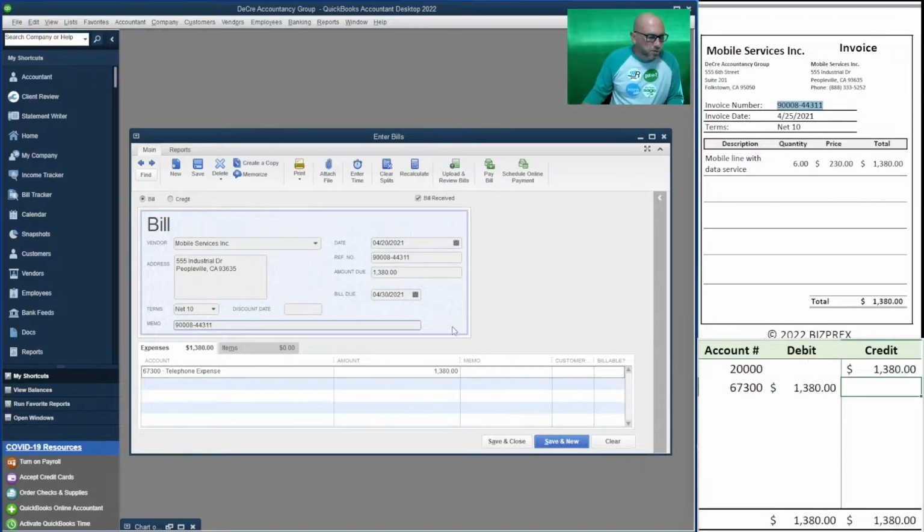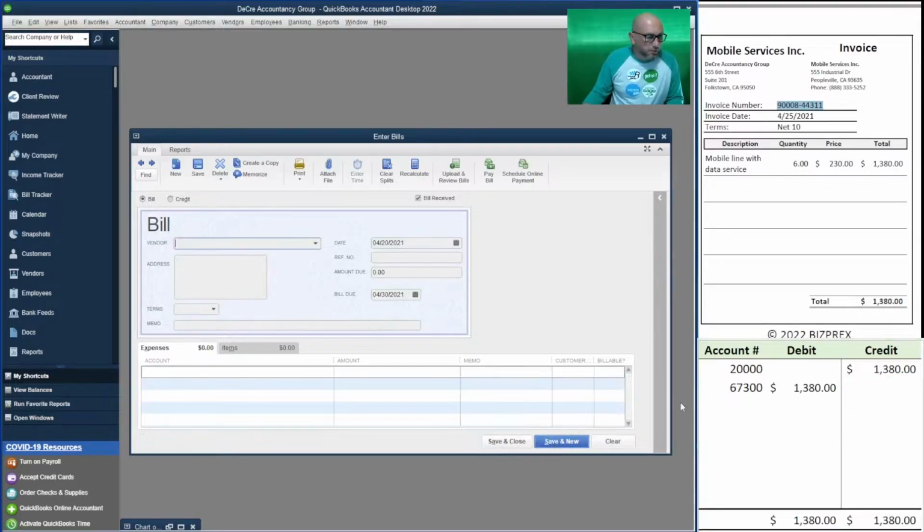All right. So this amount right here is a debit to account 67,300. This amount right here is a credit to account 20,000. 20,000 is our accounts payable. It is a liability. Liabilities go up when credited. Makes sense. We owe more money. Our expenses go up when debited, right? 67,300 is an expense account. Thus it goes up. Our telephone expenses are increased. That's it for entering our bills.